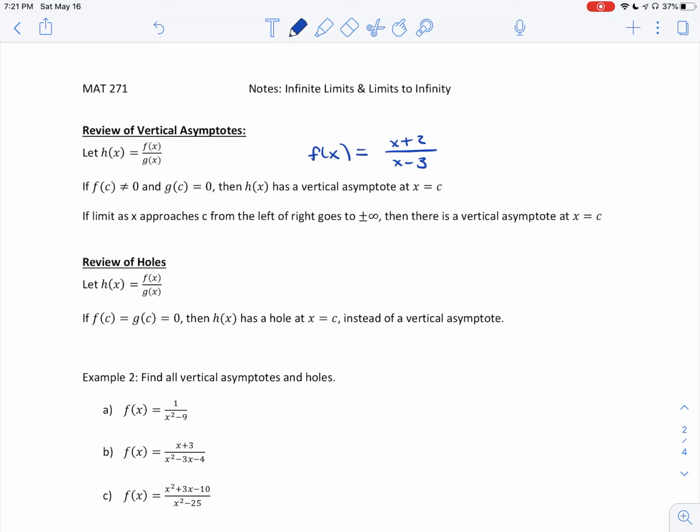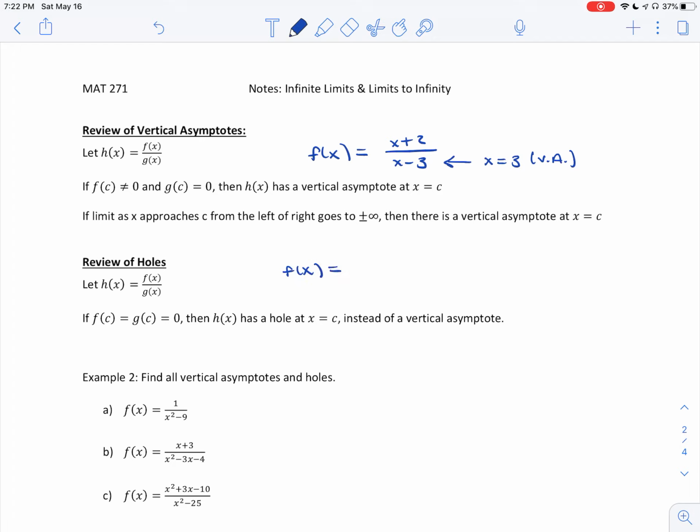So where is the denominator equal to 0? Right, so in this case, we would look at our denominator, and we see that x equals 3 would be our vertical asymptote.